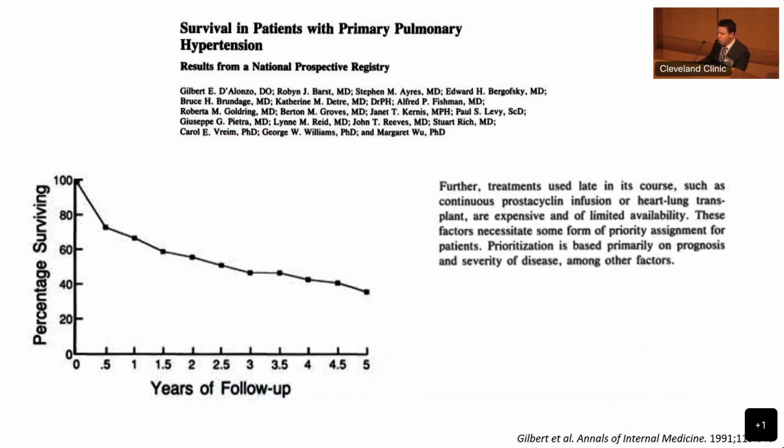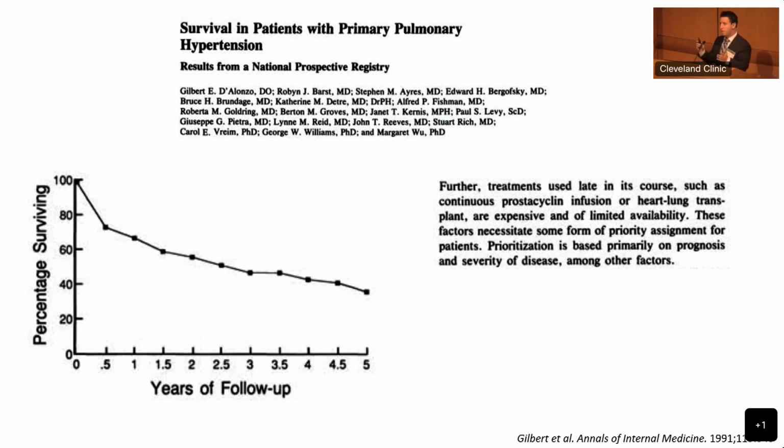And I want to share a quote. He said, "Treatments used late in its course, such as prostacyclin infusion and heart and lung transplant, are expensive and of limited availability. Now, these factors necessitate some form of priority assignment for these patients, and prioritization is based primarily on prognosis and severity of disease."